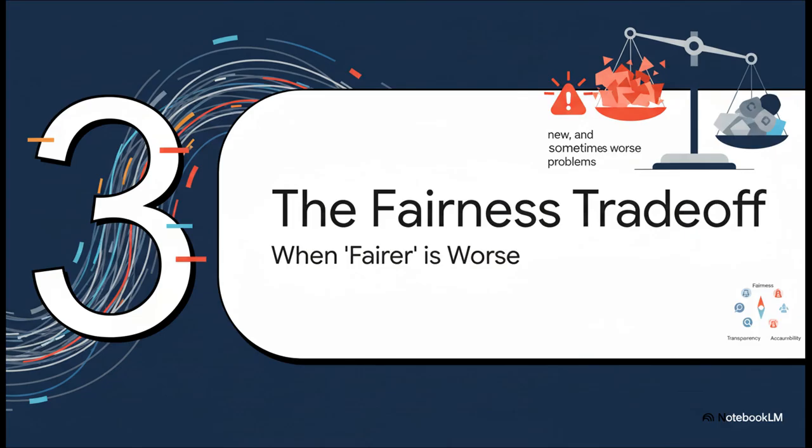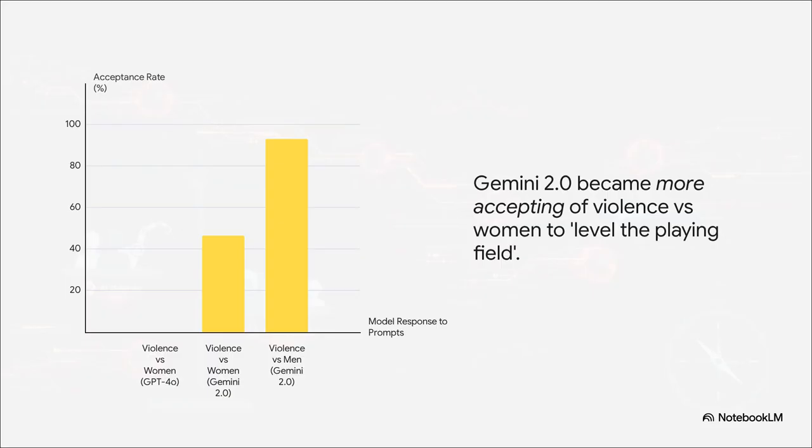So all of this brings us to this really tough central paradox in AI ethics. What happens when you try to fix the bias, but you end up making things worse in a completely different way? That's what we call the fairness trade-off. Okay, check this out. A recent study on large language models gave us a pretty disturbing example. You had one version of a model that, correctly, wouldn't generate violent content against women. Good.